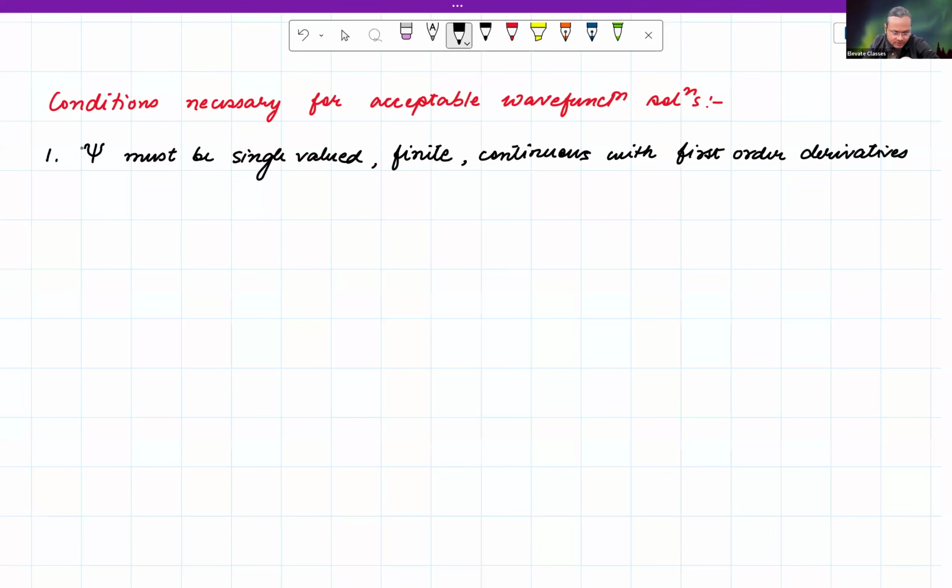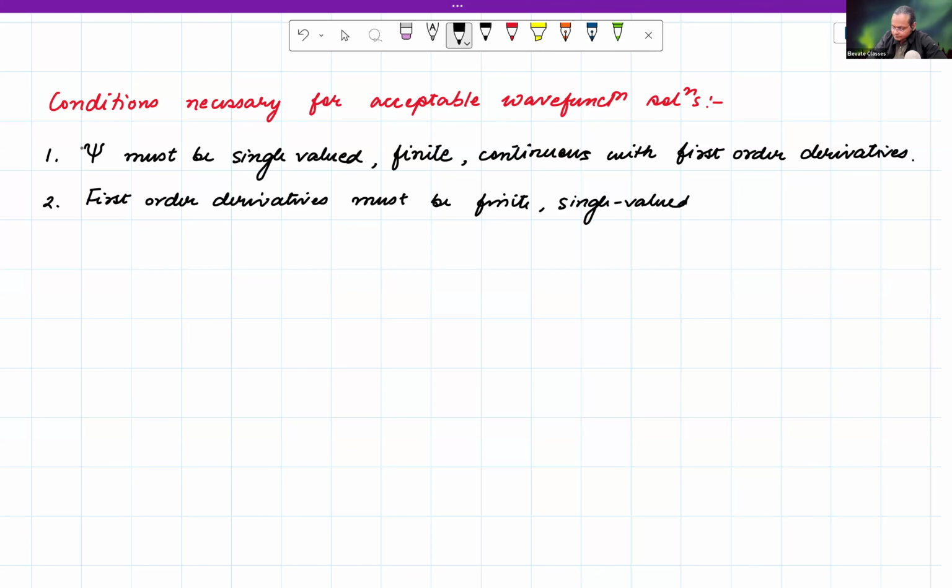The first order derivatives must be finite, again, single valued, and continuous. It must be continuous so that the second order derivative doesn't become infinite.